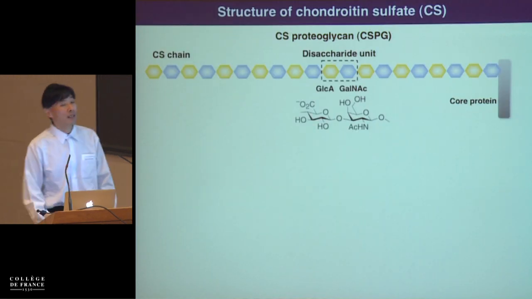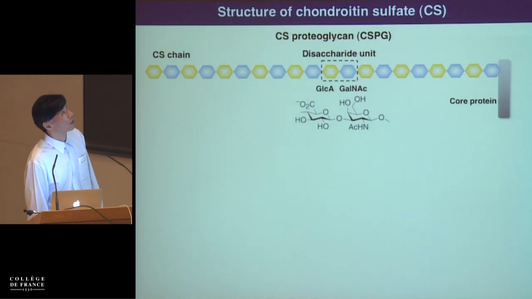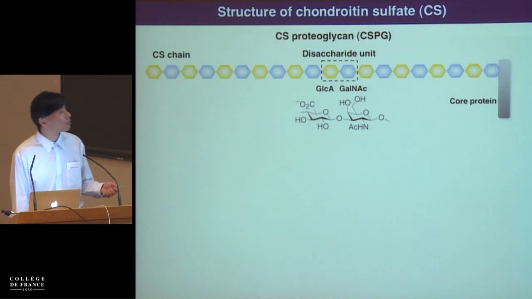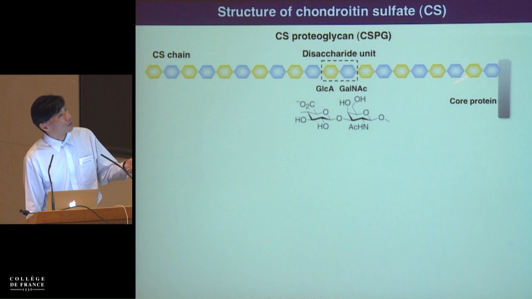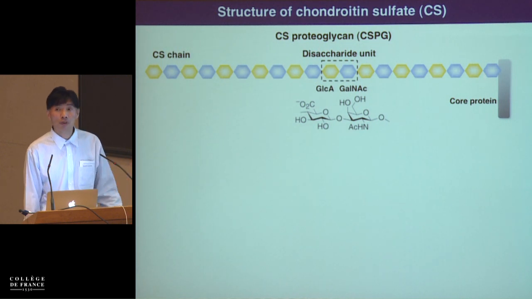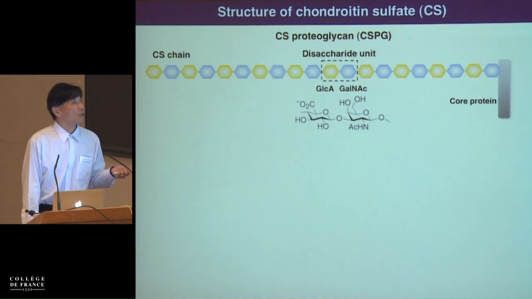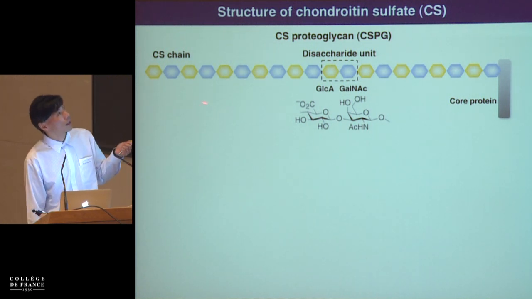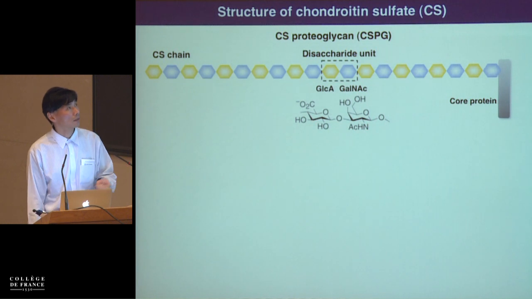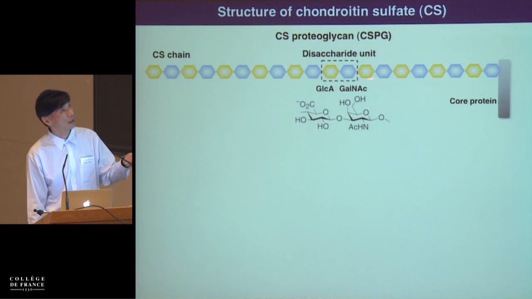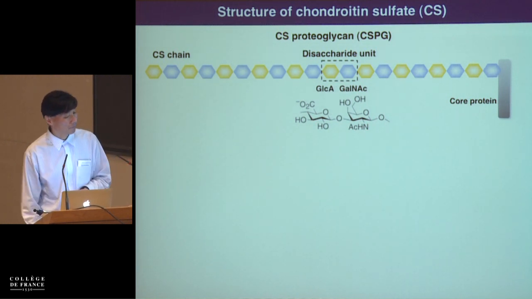Let me briefly introduce the structure of chondroitin sulfate. Chondroitin sulfate is covalently bound to serine in the core protein and occurs as chondroitin sulfate proteoglycans. The chain is a linear polysaccharide composed of a repeating disaccharide unit of glucuronic acid and N-acetylgalactosamine.